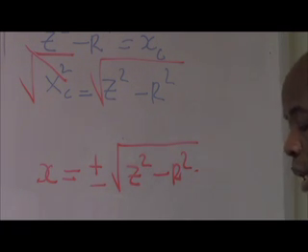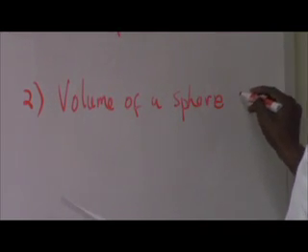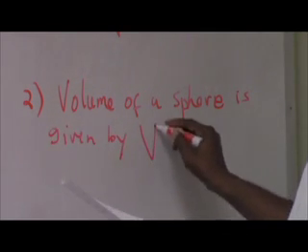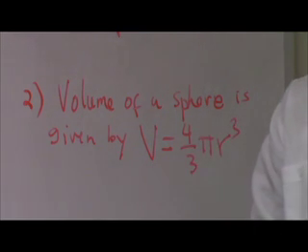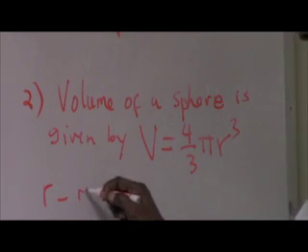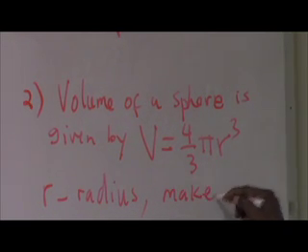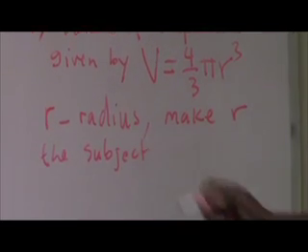For example 2, the volume of a sphere is given by V equals 4/3 pi r cubed, where r is the radius. And I think they want you here to make r the subject. So we must rewrite this problem so that r is the subject.